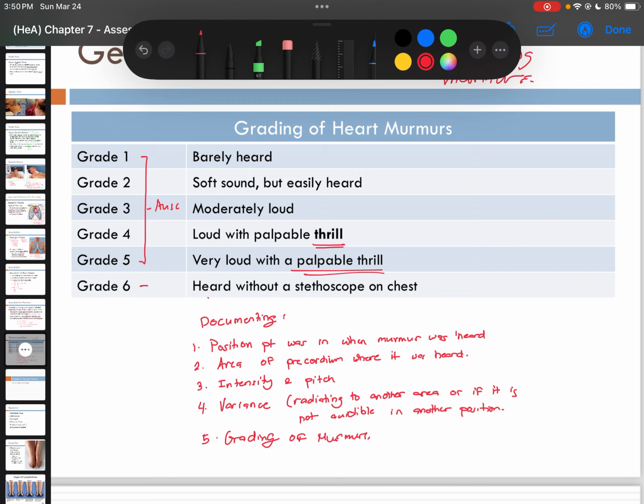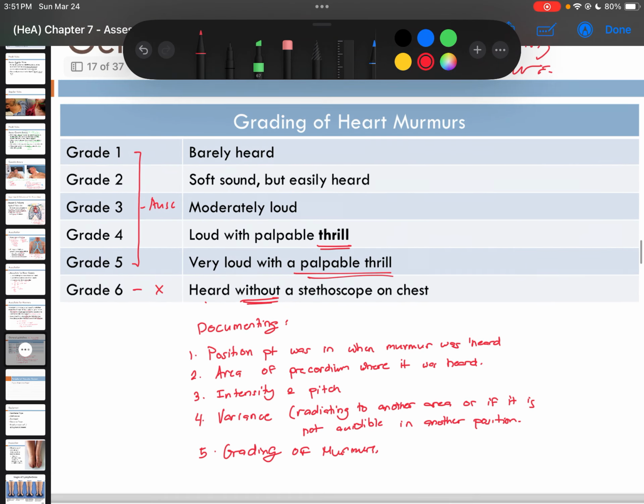And lastly, grade 6 is heard without a stethoscope. Even if you do not auscultate, you can still hear the whooshing sound. Normally you can hear a grade 6 just by putting your ear at the chest of the patient, but you cannot hear it when it is still grade 5.